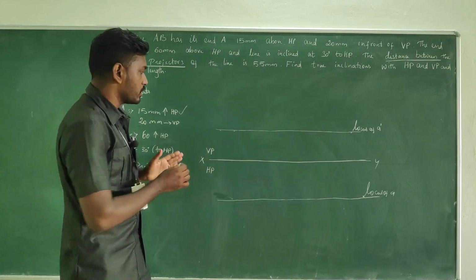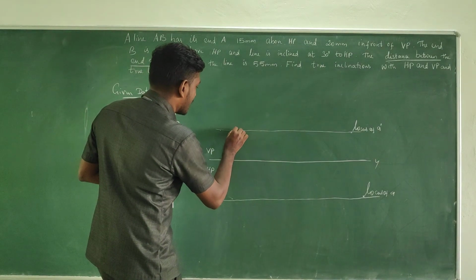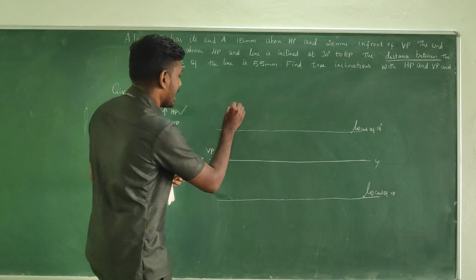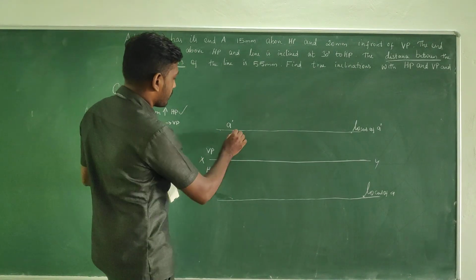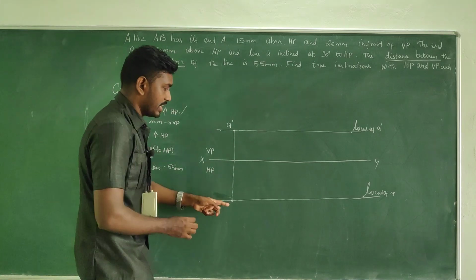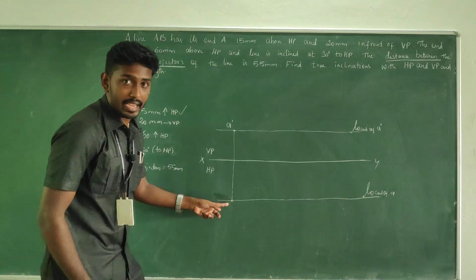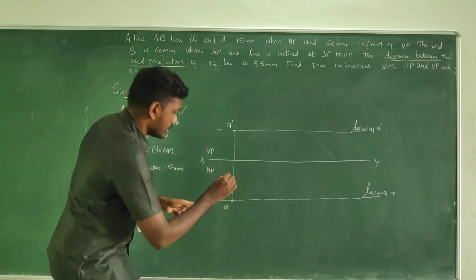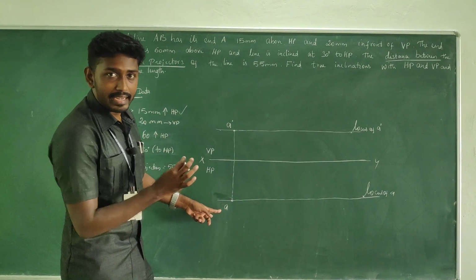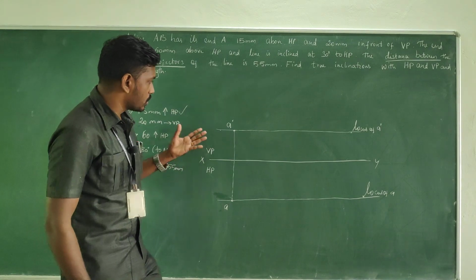On the left side, in the locus of A dash, I keep a point A dash. If you drop a projector line, where it meets the locus of A it becomes point A, one end in the top view.